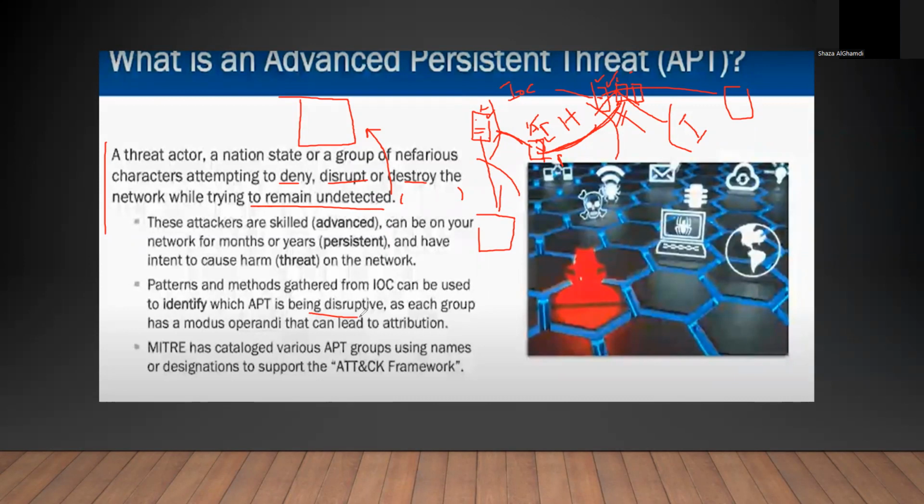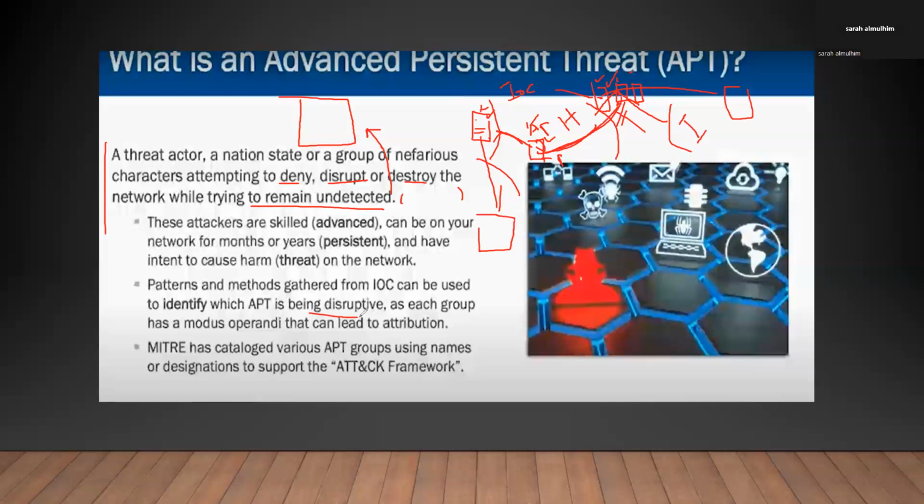Because one of the things that is not easy for a person to change is the techniques. He can change the IP address that he comes from. He can use another IP address, or he can use new malware. This malware he can generate using a certain toolkit, so he can change the hash and how the malware is acting. He can also change the domain that he's coming from.